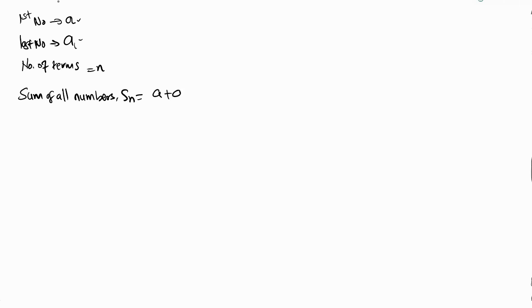So the average, you simply take the first number, add the last number, divide by 2, and then since we are getting the sum, you multiply by the number of terms. Okay, there is need to get the number of terms within this range.